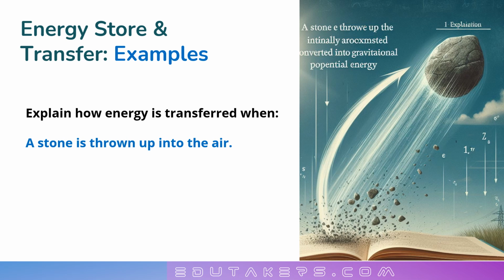On the way back down, the potential energy is transformed back into kinetic energy. Throughout this motion, some energy is also lost to air resistance in the form of heat. In summary, the energy transfers involve the conversion between kinetic and gravitational potential energy, with a small amount lost to air resistance.